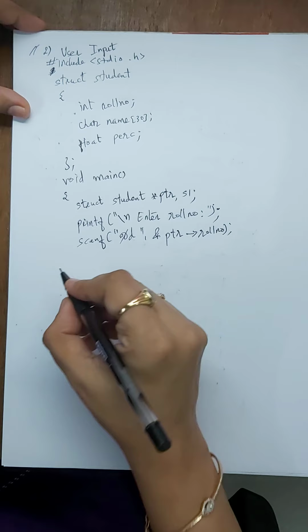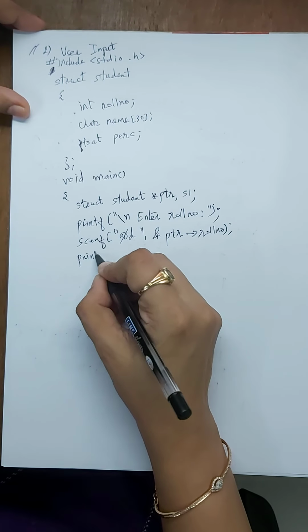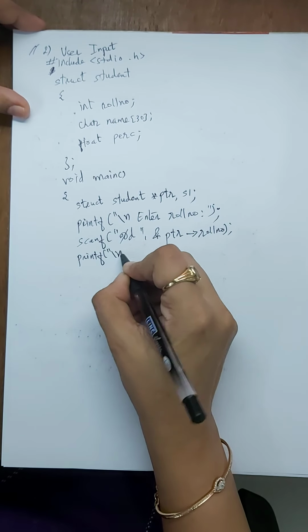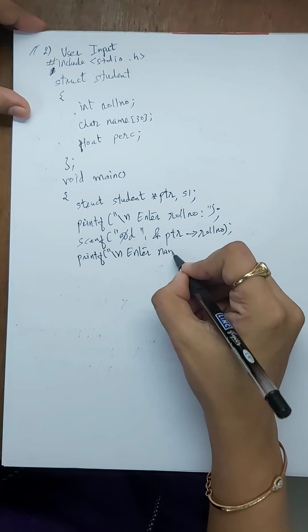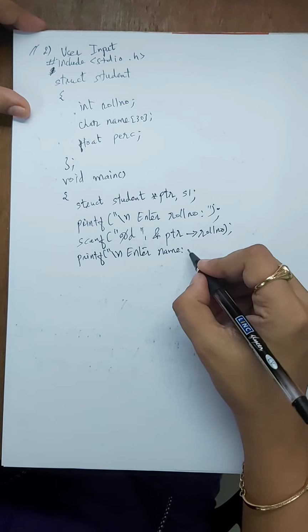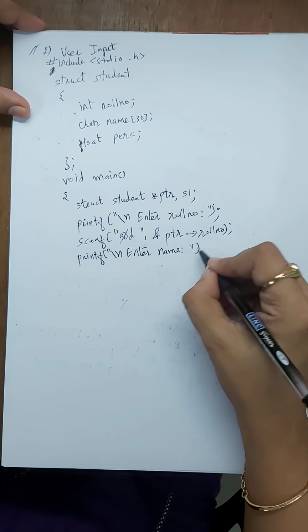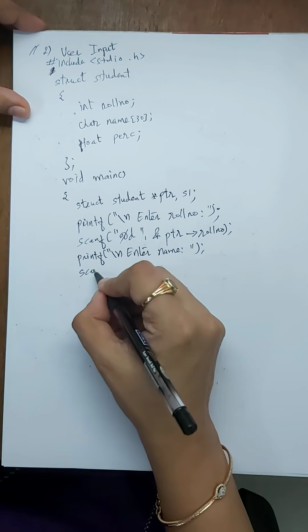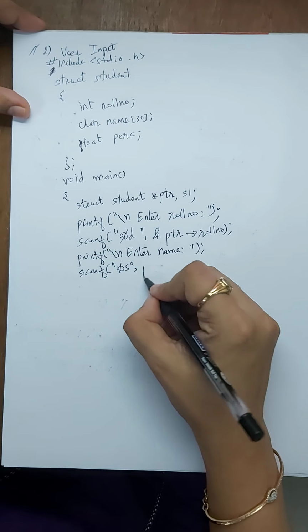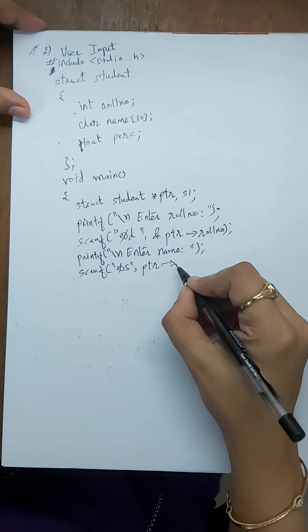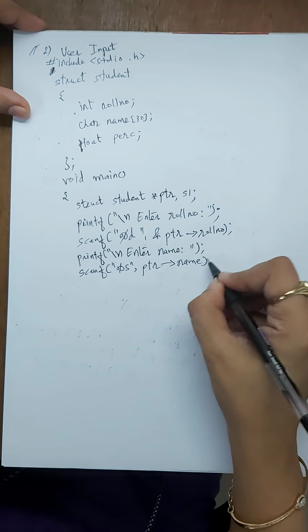Fine. Then printf new line, enter name. Then scanf %s ptr name, here ampersand won't be there.